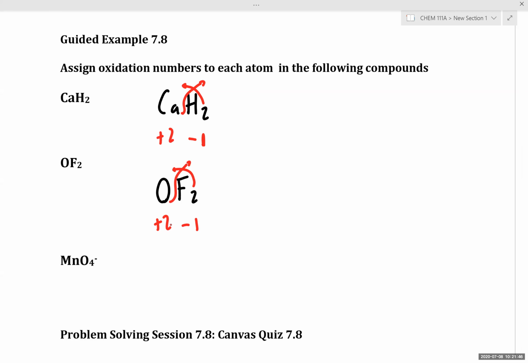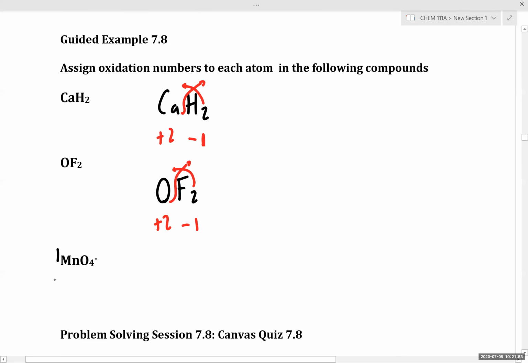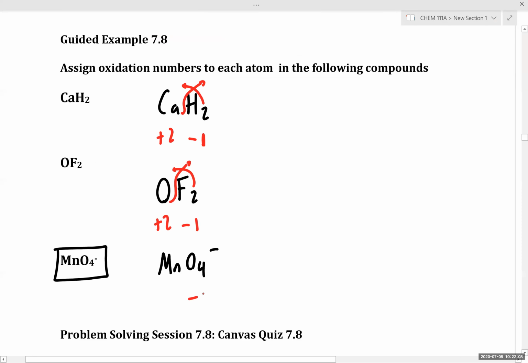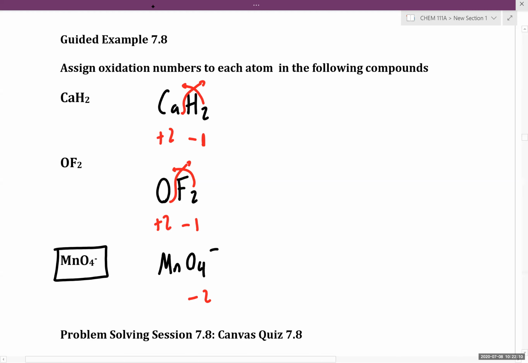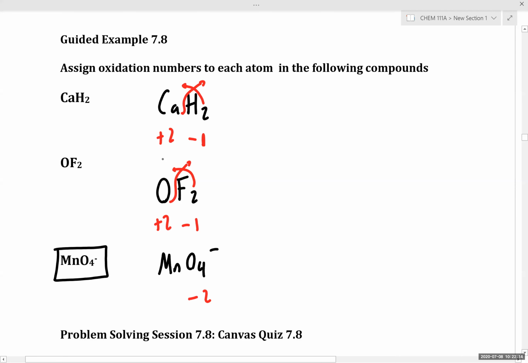So, continuing on with this problem-solving session, looking at permanganate, MnO4-. So let's first assign as many oxidation numbers as possible. So we know that oxygen overwhelmingly prefers to adopt a -2 oxidation number, especially because it's bonded to a less electronegative metal.